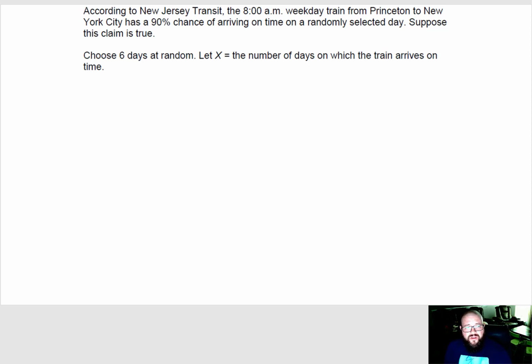First off, we want to see why this is a binomial setting, so we're going to use our BINS. So B, as far as dealing with success and failures: success is the simple fact that the train is on time.